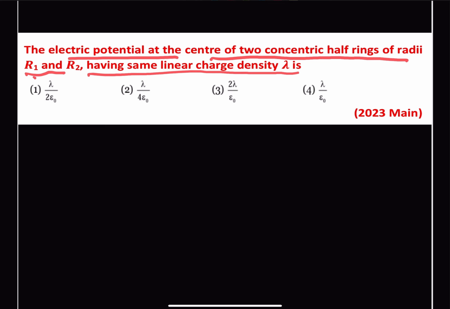This is suppose the first half ring, and this is our second concentric half ring, and this is our center. Let us suppose the internal radius is r1 and the external radius is r2, and they have the same uniform charge density given as lambda.